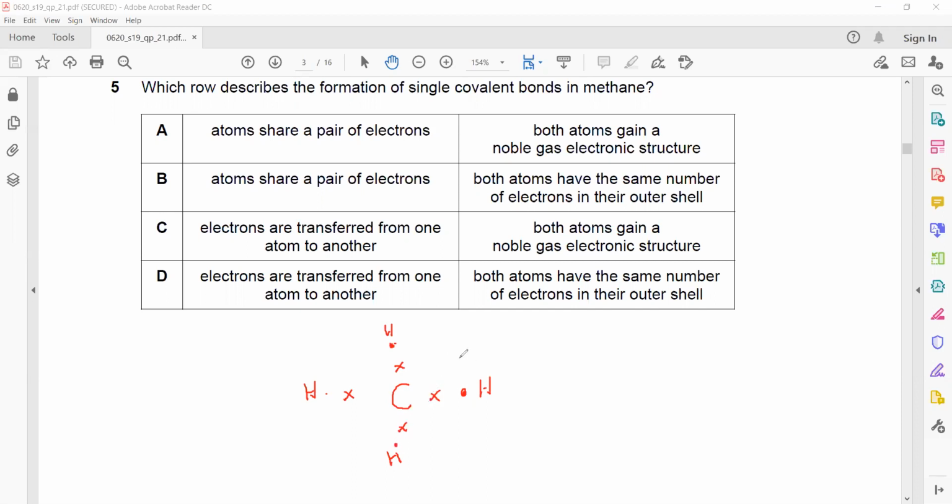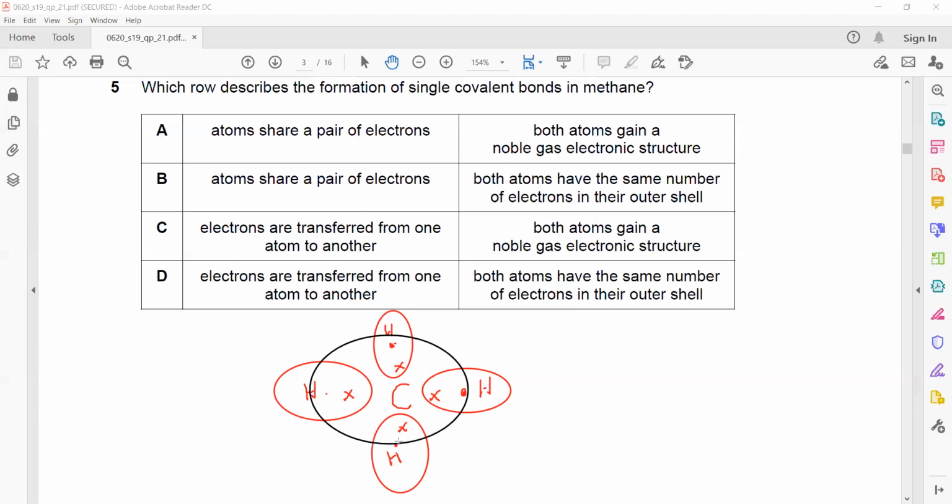Each hydrogen now, because of the sharing, will have 2 electrons, which matches helium. So it is the same as the noble gas configuration. When we check carbon, how many electrons now after sharing? Before it was 4, but after sharing the carbon has 1 2 3 4 5 6 7 8, and 8 electrons also belongs to a noble gas configuration.